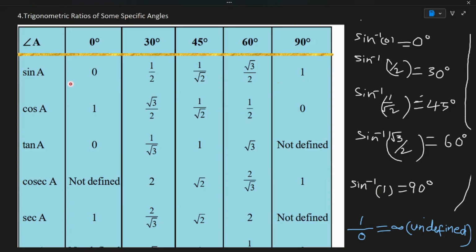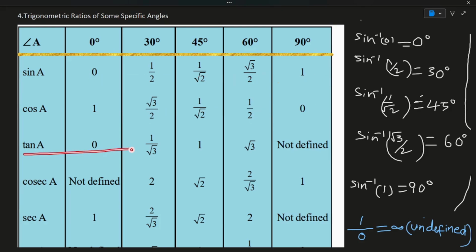So in this manner, by increasing the angle of observation, see here 0, 30, 45, 60, 90, the sin A, meaning the ratio of opposite side by hypotenuse, increases from 0 to 1. But for the cos A, the same ratios decrease from 1 to 0, meaning this entire order got reversed.